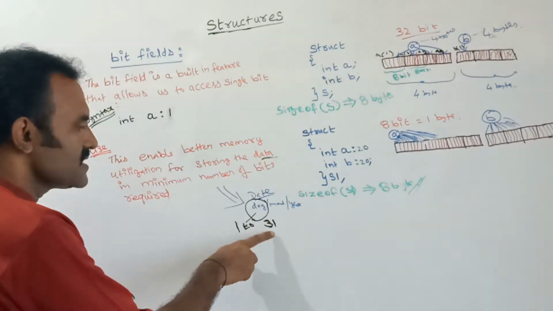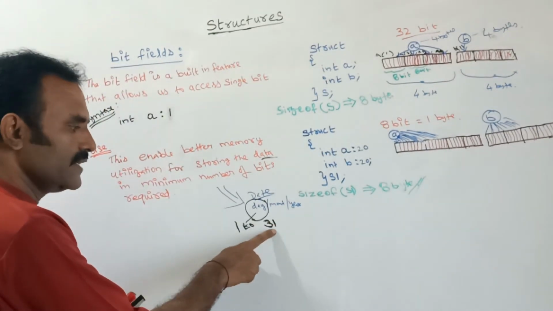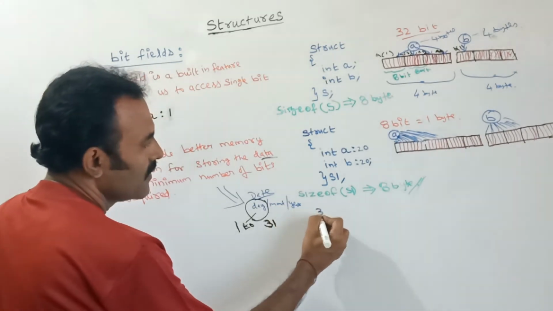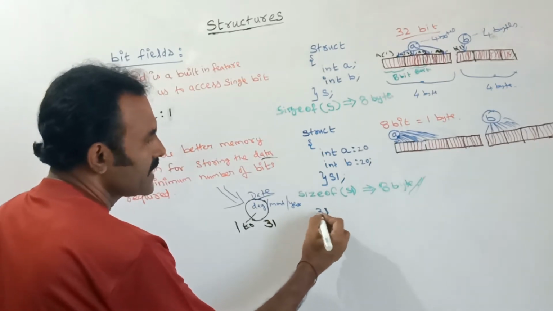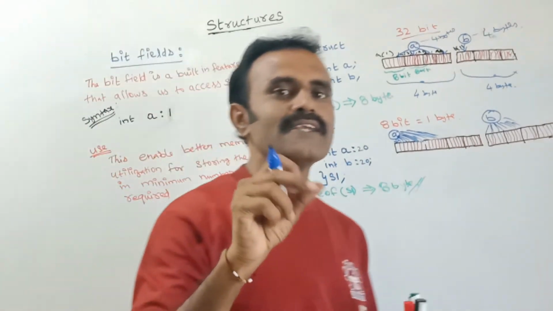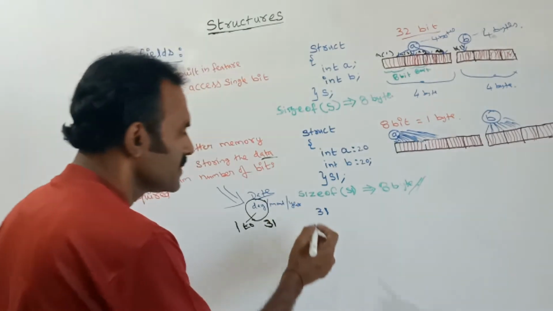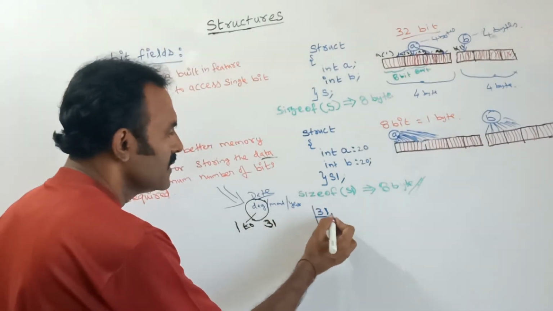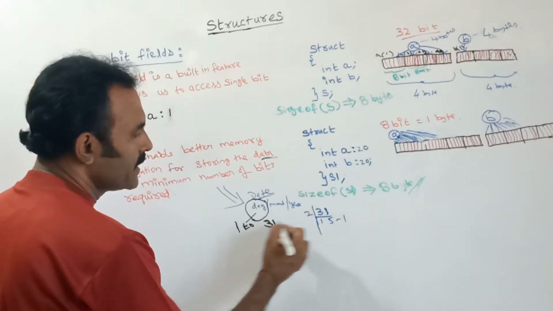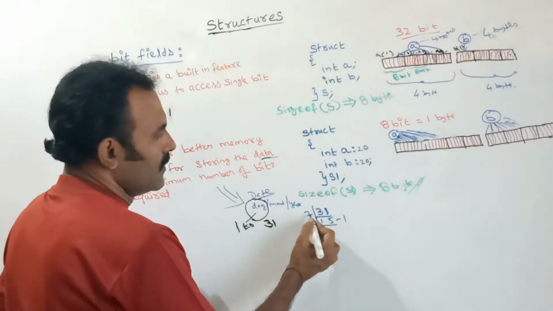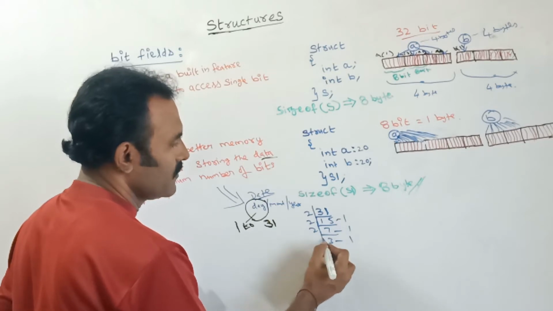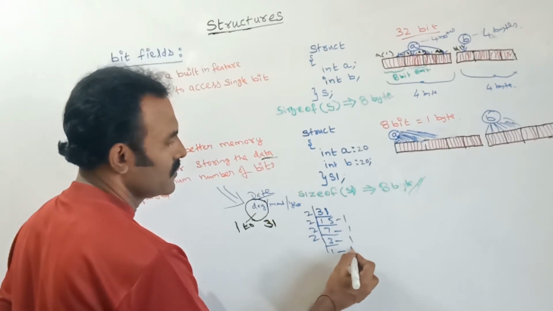Suppose you are storing the highest value, 31. When this 31 is stored in the memory, how will it store? It will store binary values only, zeros and ones. Converting this 31 to binary: 2 7s are 14, remaining 1; 2 3s are 6, remaining 1; 2 1s are 2, remaining 1.